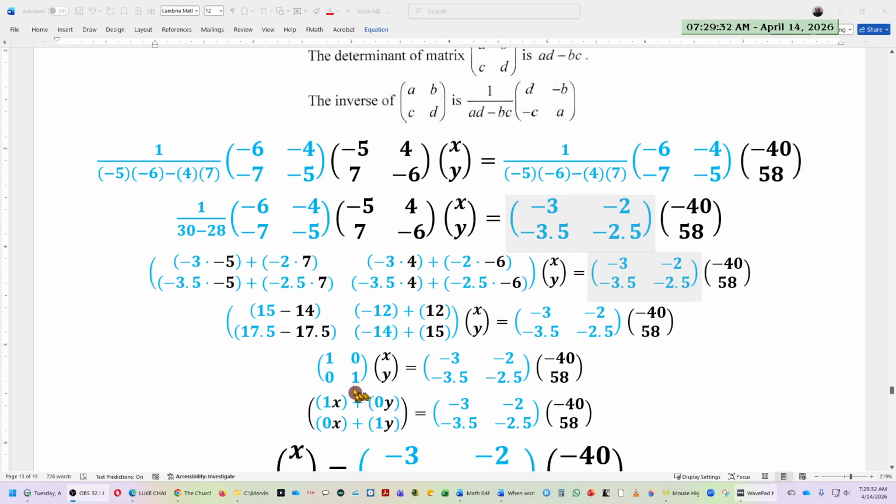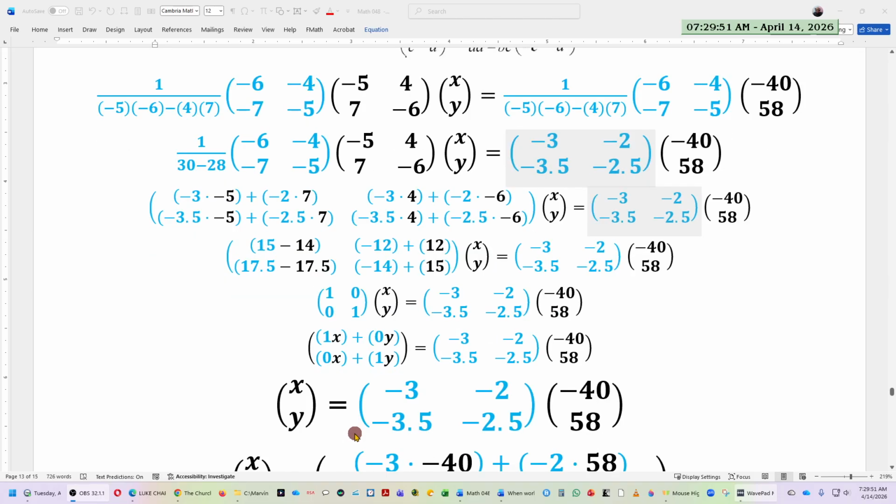So when we get here, notice we end up with the identity matrix. If you need to pause and verify the multiplication, that's fine. But remember, it's row by column. So the first position multiplies the first position. And so after going through all of that, you're going to just end up with the column matrix xy.